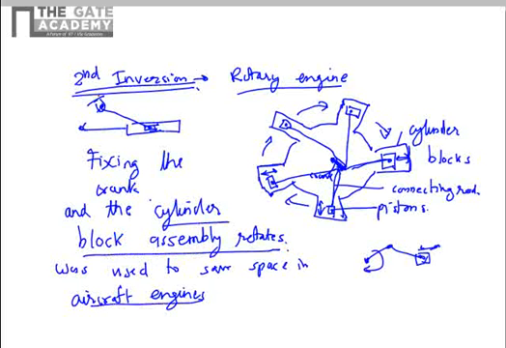This is another example of the second inversion of a slider crank, where you have this cylinder block. This is something similar to the cylinder block, and this is your connecting rod. Piston still moves in an oscillating fashion, and the crank is fixed.